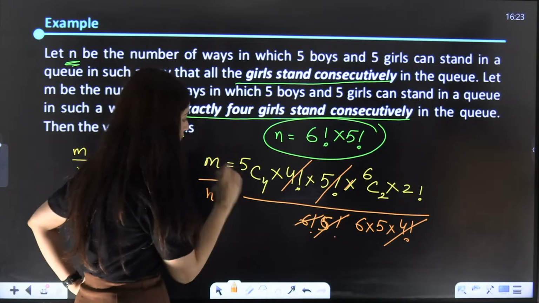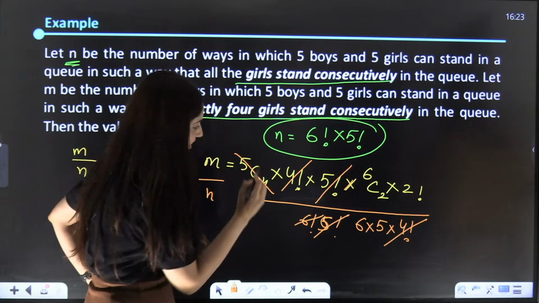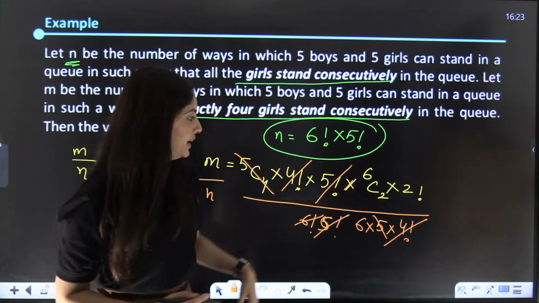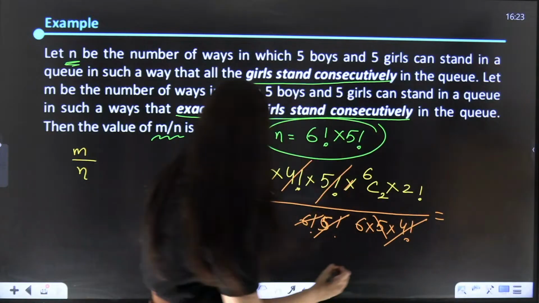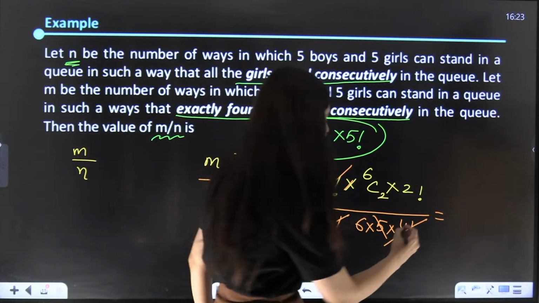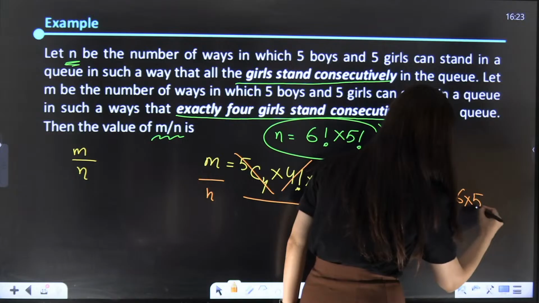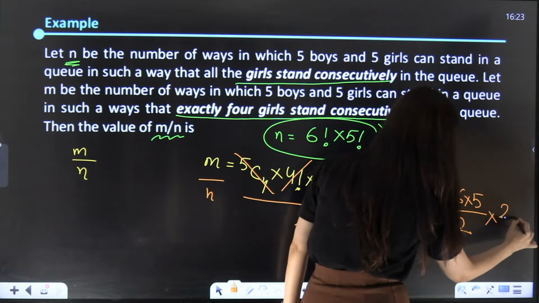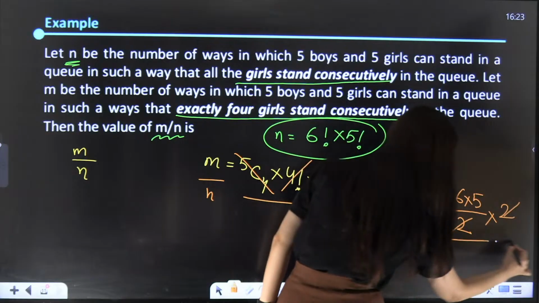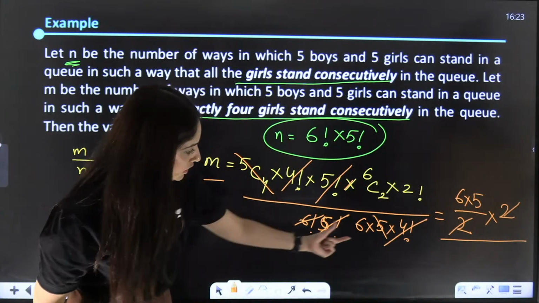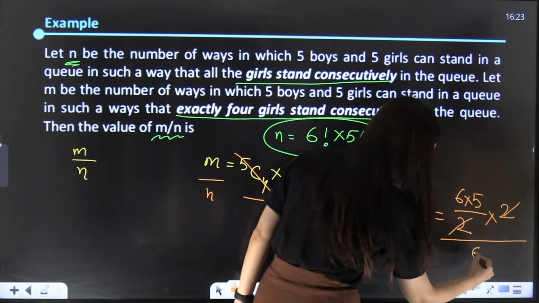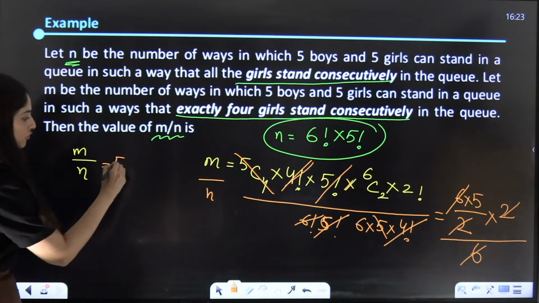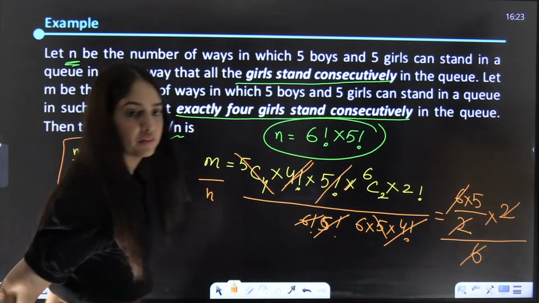So this is 5. So we cancel this with this 5. Now what is remaining? 6C2 in the numerator, that is 6 into 5 by 2 into 2 factorial into 2. Even that gets cancelled. Divided by what's in the denominator? Only 6. So what's left? 5. I hope everyone got this answer.